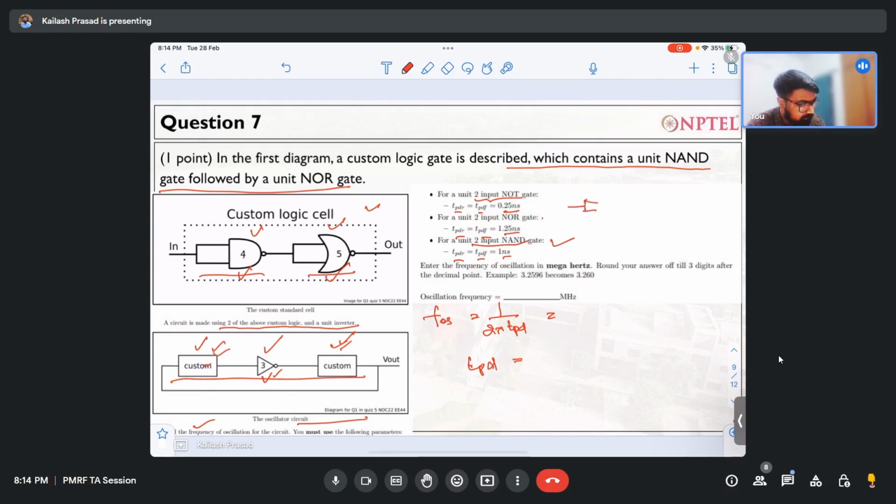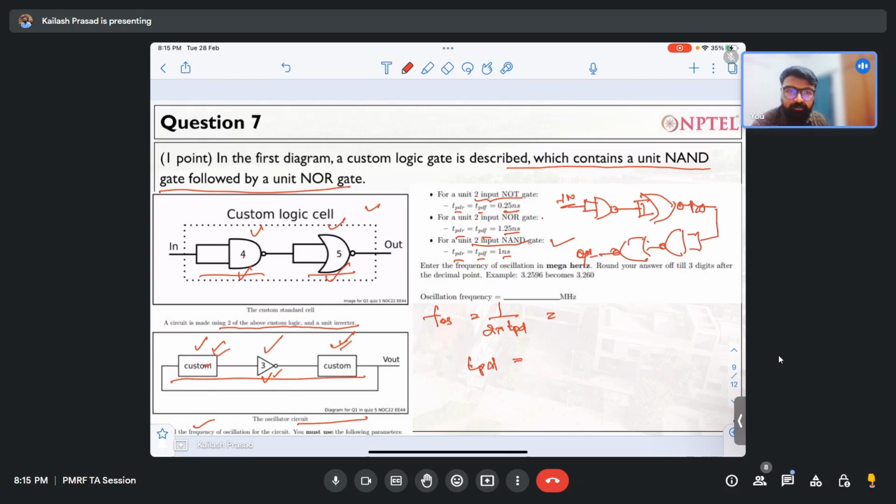This is how the circuit is actually going to look. This is Y, this is the input, this is my output. So it's a 5 stage circuit, and it looks like this.